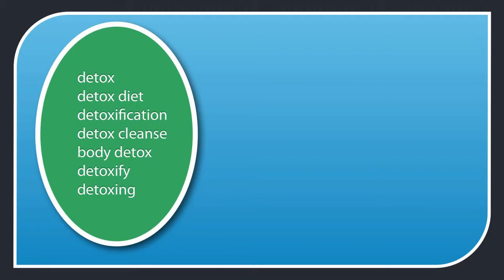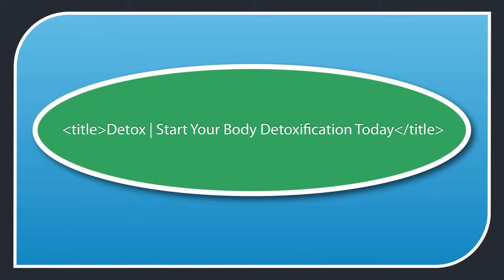So detox is the most searched for variation, followed by detoxification. I'll rewrite the title tag to put the primary keyword up front and take advantage of the extra traffic for the word detox, like this. I've selected detox as the primary keyword and detoxification as the secondary keyword.